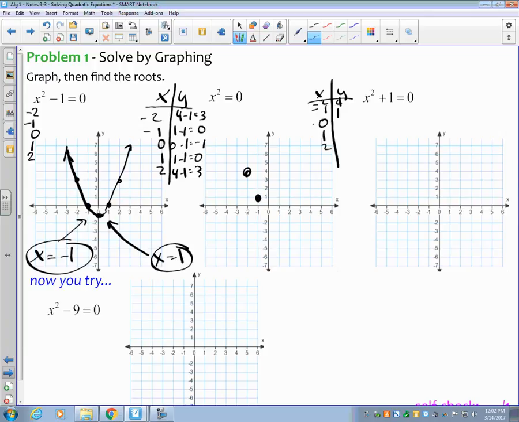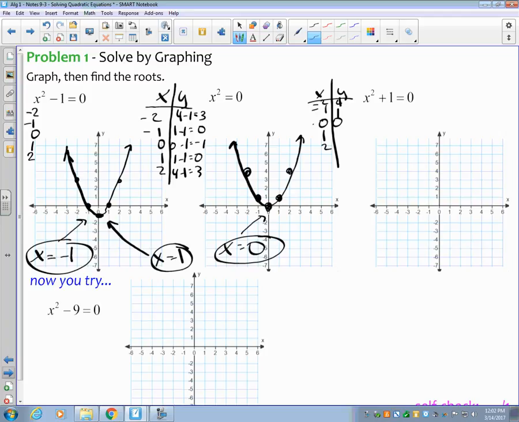Right there. 0 times 0. 1 times 1. 2 times 2. When does my graph equal 0? When does this graph equal 0? Zero. So x equals 0 is the answer.